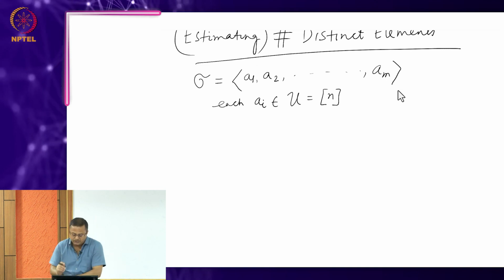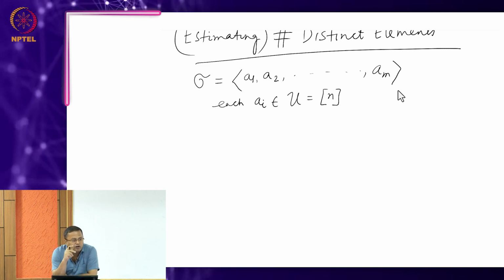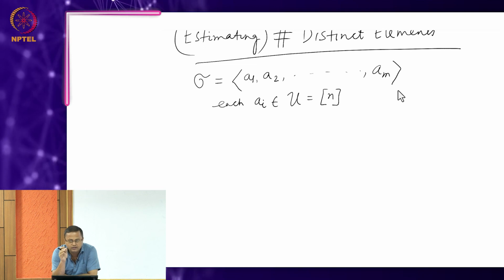See, the number of distinct elements would have been m if all of the elements in the string were unique, right.